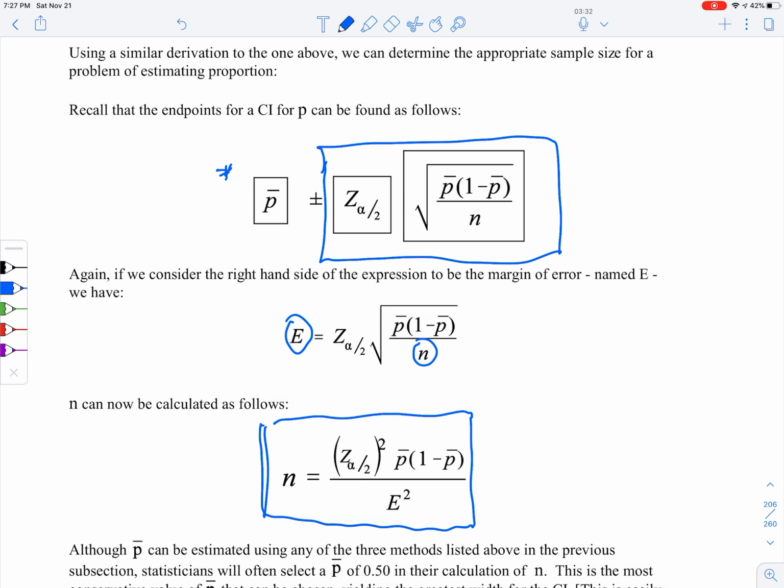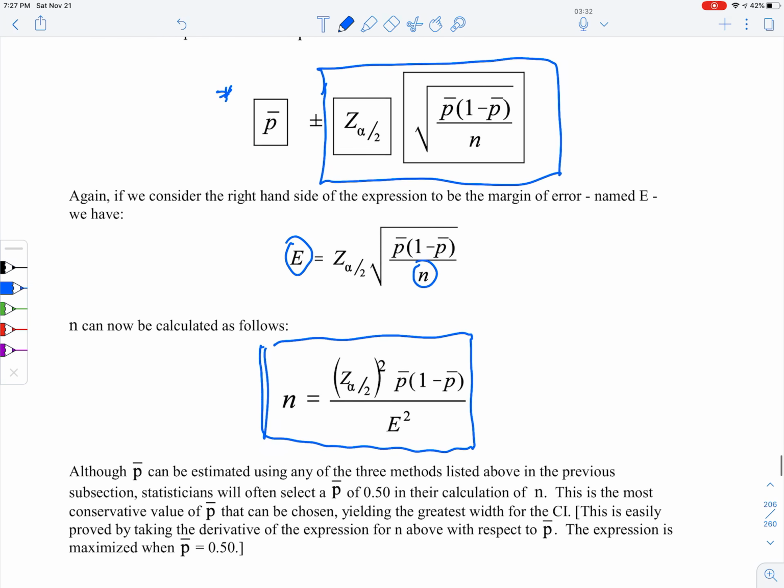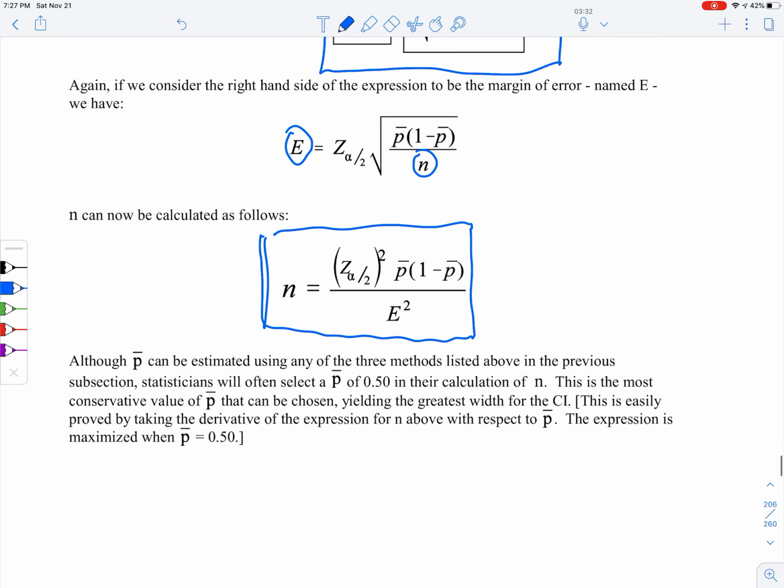By the way, the formulas in this particular section are on your formula sheet at the end of your manual, and that's something that you'll bring into your last exam. Now, it says here, P can be estimated using any of the 3, actually 4 methods.